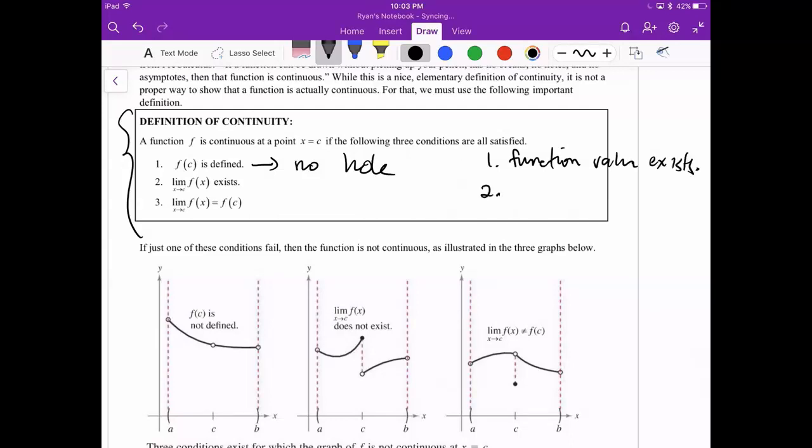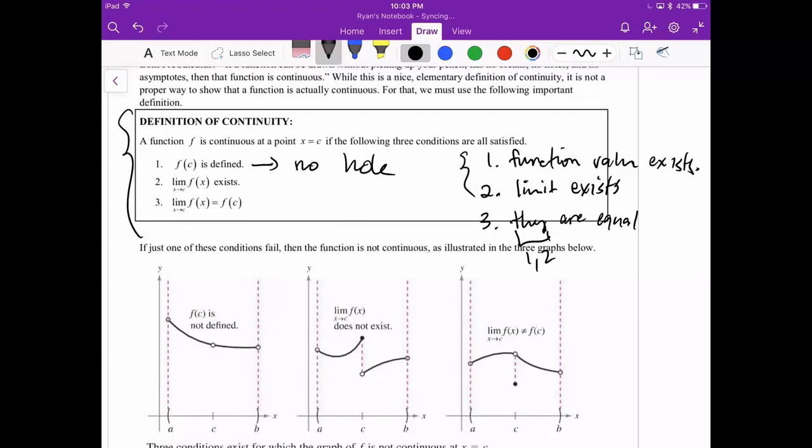The second condition says that the limit exists, and like I said, I'll talk more about when a limit exists in a second. The third thing is basically saying that the first two things are equal to one another.